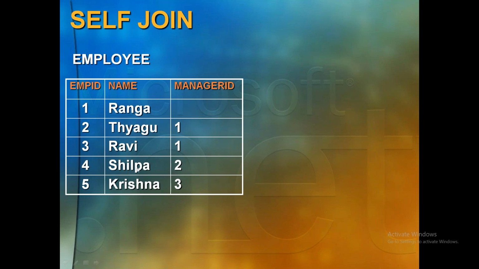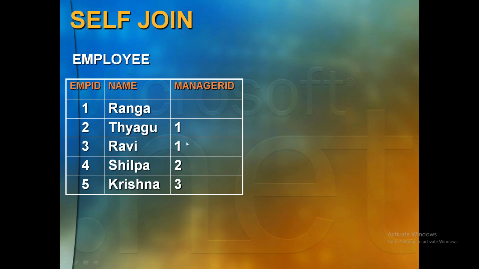The fourth guy is reporting to the second guy, and this guy is reporting to this. Clear? This is the primary key and this is the foreign key, linking to the same table, right? So this is a self-referential table.